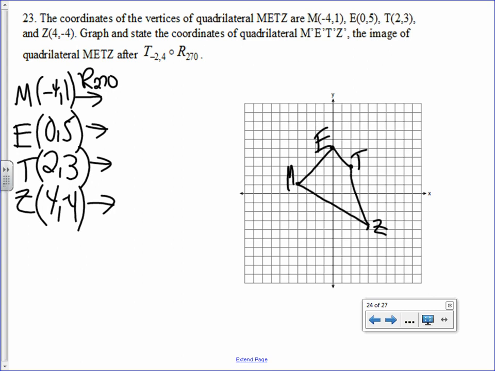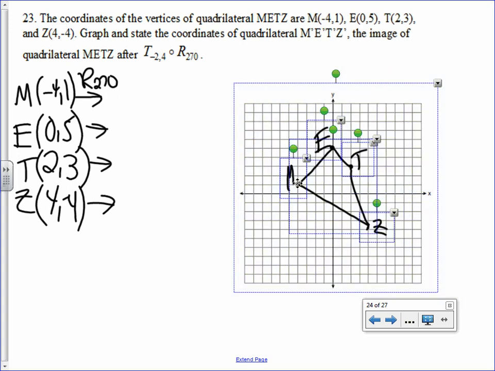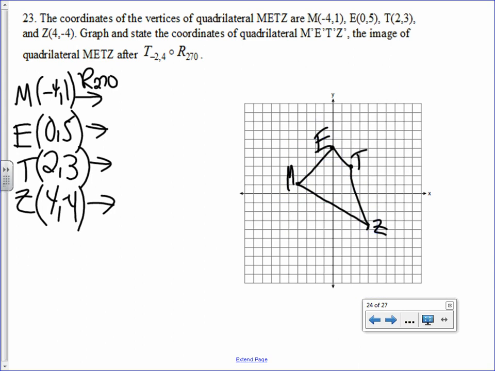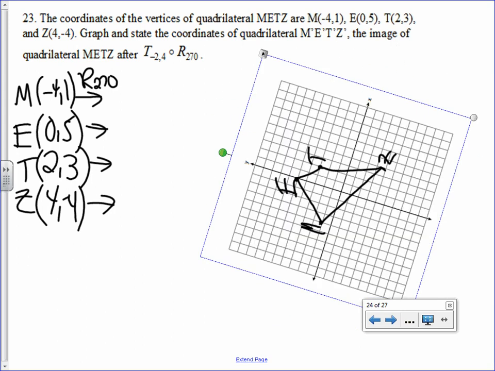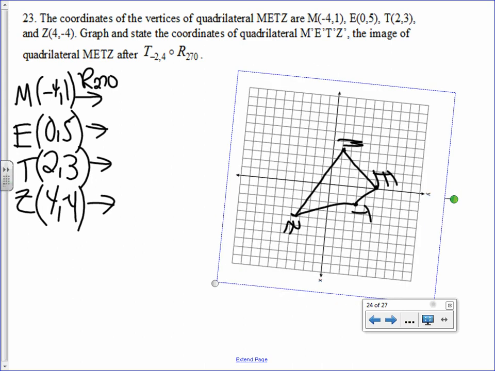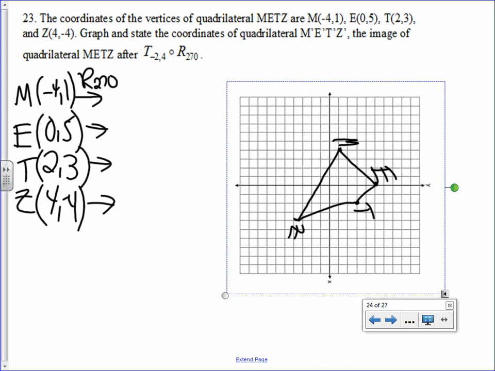Again, use a straight edge. I want to rotate this 270. So my positive rotations are always to the left. So that's 90, 180, 270. I'm now going to list the new points. M is now +1, +4.